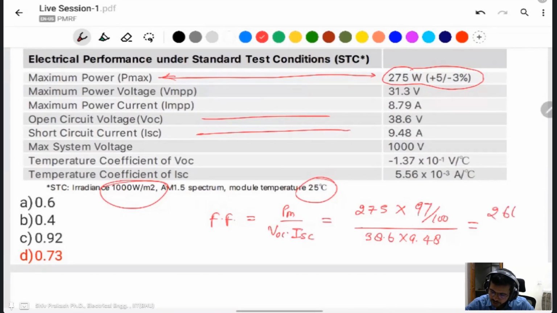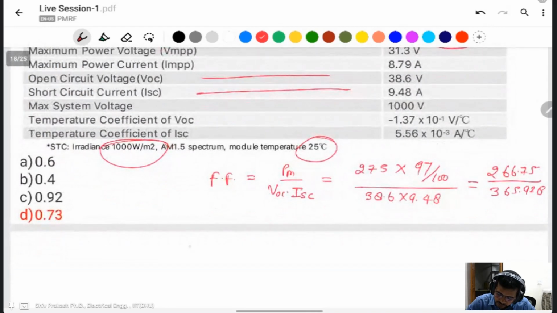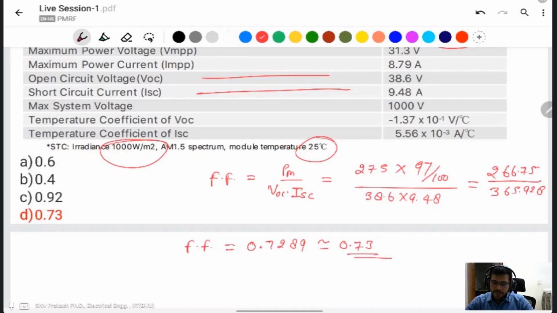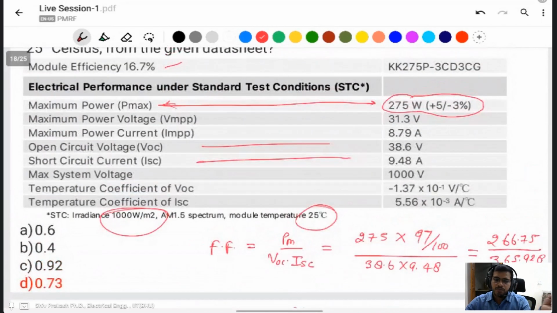This one will be 266.75 by 38.6 into 9.48, which is 365.928. Fill factor is 0.7289, which is equal to 0.73. That is the minimum fill factor. Minimum fill factor occurs at the minimum output power.